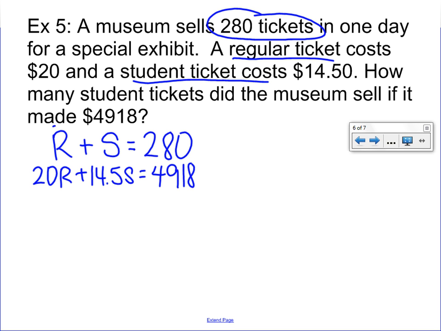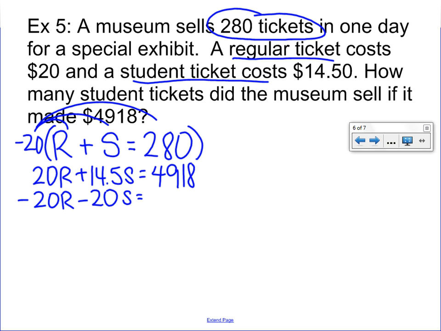So I'm going to take the top equation, and for the 20R to cancel, I must have negative 20R in the top. So I'm going to multiply by negative 20 in the entire equation on the top. So when I do that, I will have negative 20R minus 20S equals 280 times a negative 20, which gives me negative 5,600.